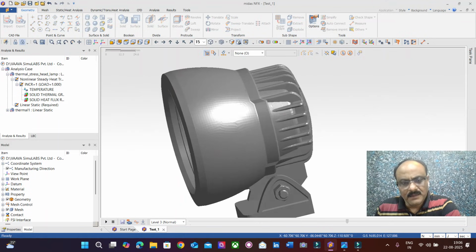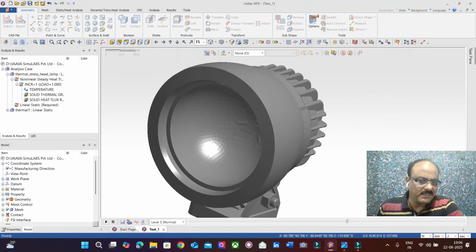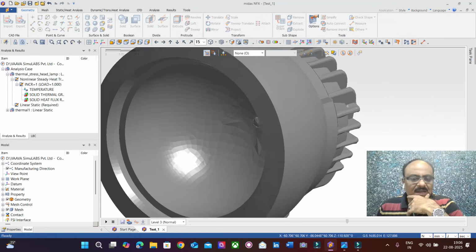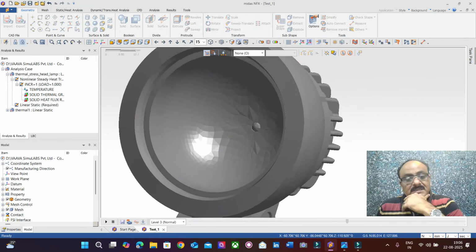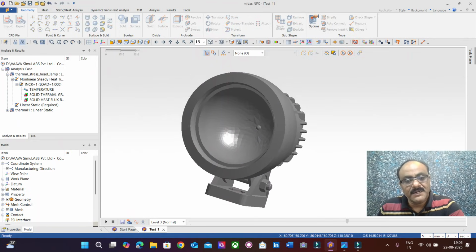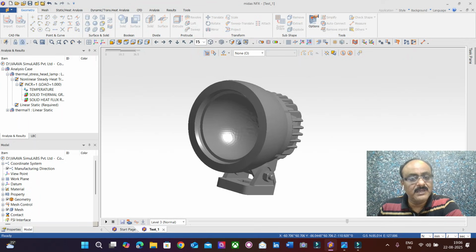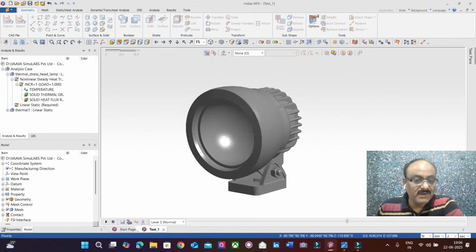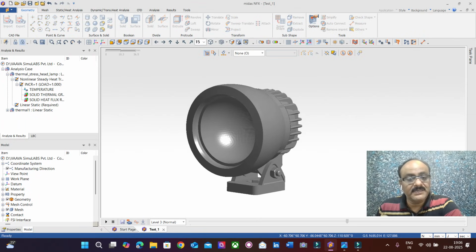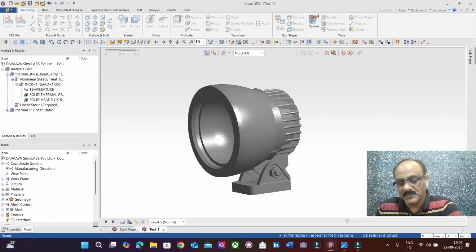There is going to be a rise in temperature when the lamp is brightened up, and a certain intensity of light is thrown out. At the same moment the entire structure is going to get heated up. It can go up to a temperature of even 400 degrees or 500 degrees or say 1000 degrees, depending upon the kind of lamp that we are using.